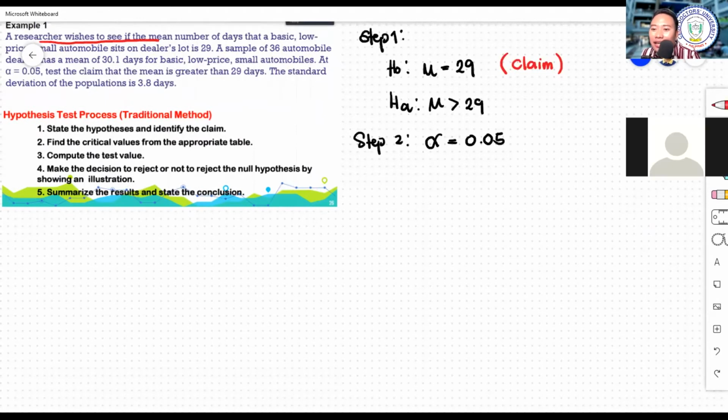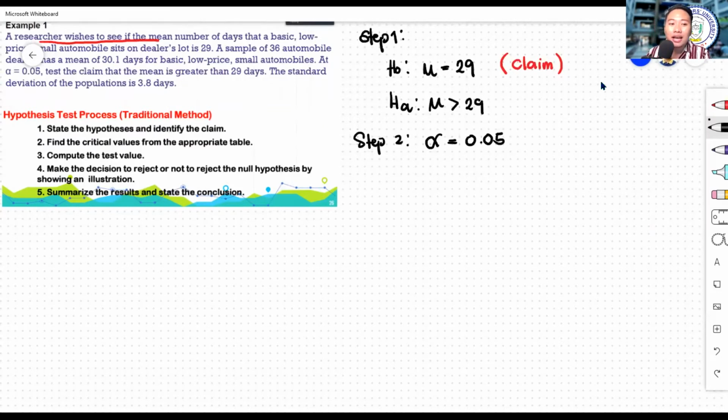Next. We are going to be using the Z table to know the critical value.